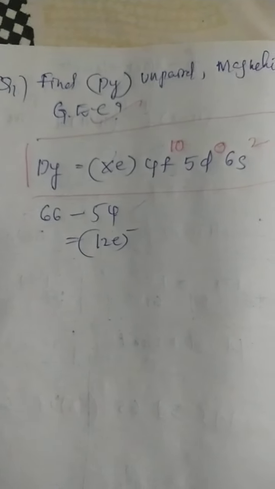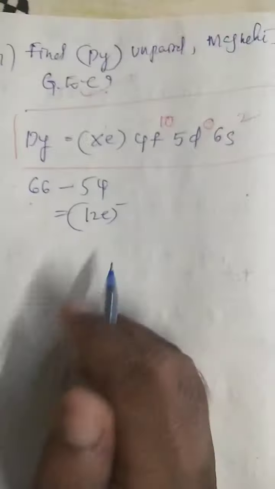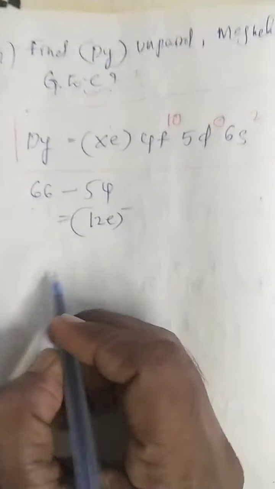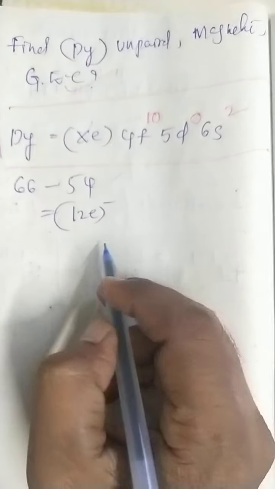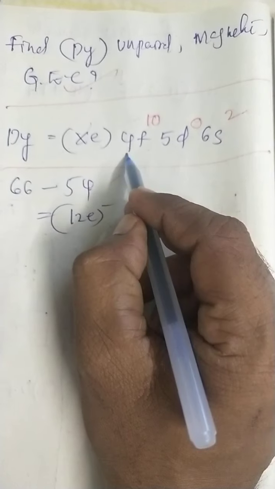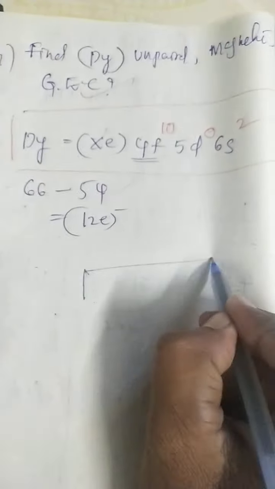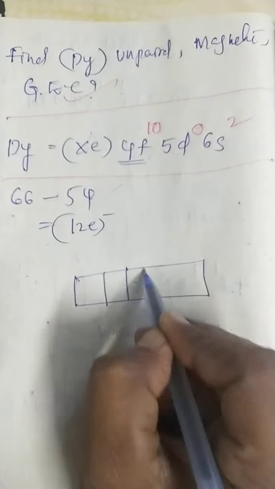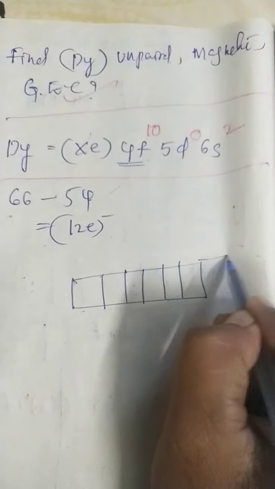What is the next one? The next one is unpaired electrons. So how are unpaired electrons found? See, now here the 4f orbital has 7 orbitals, 1 2 3 4 5 6 7.